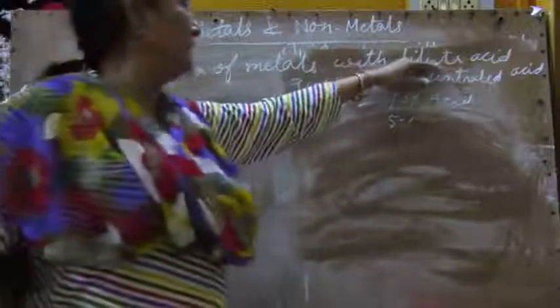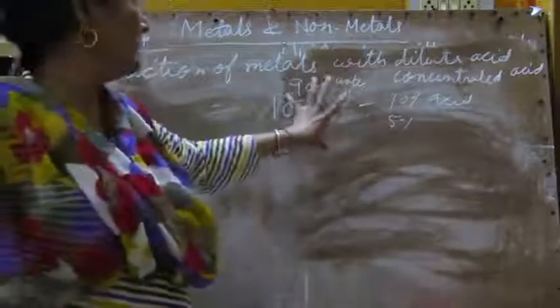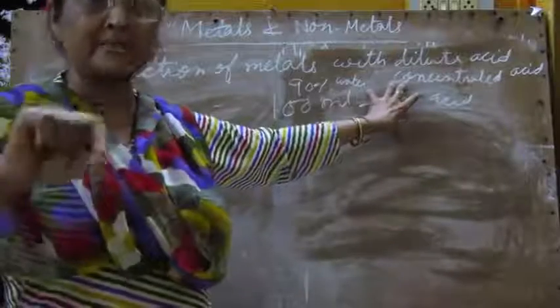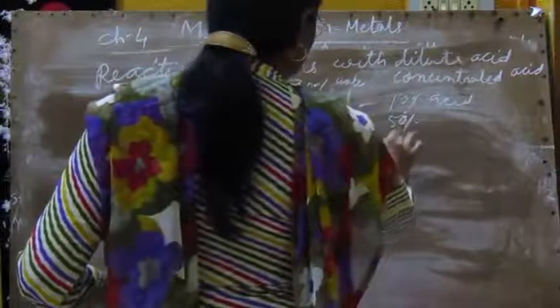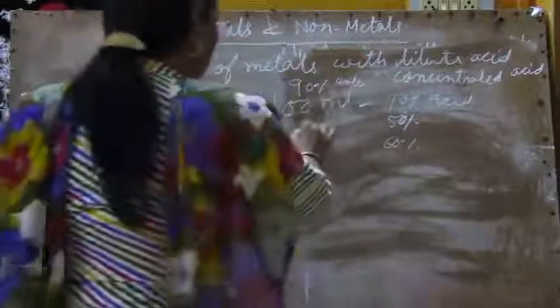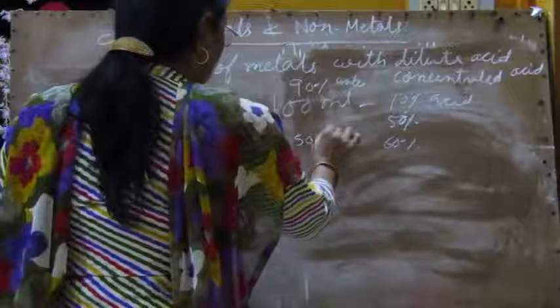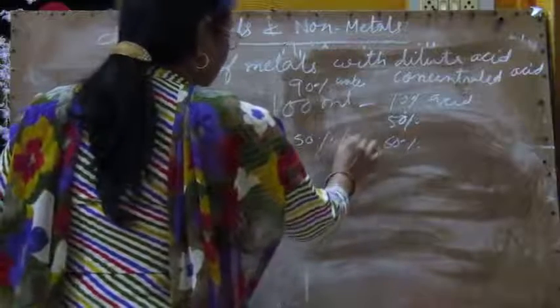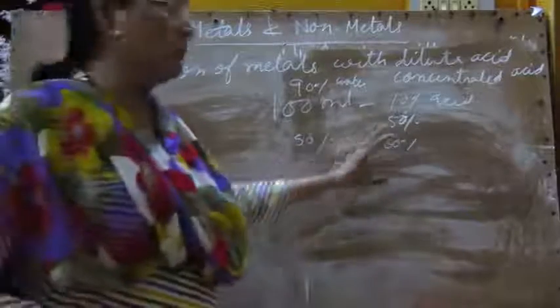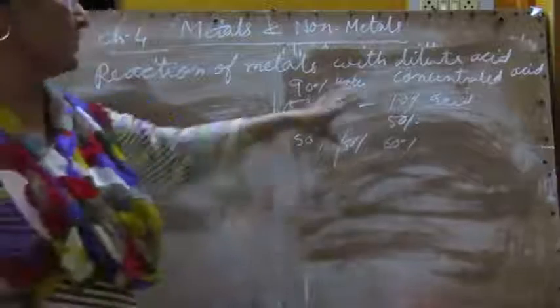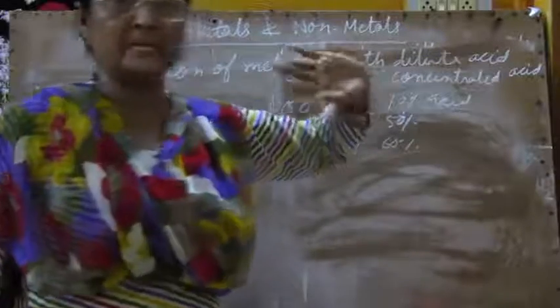So dilute acid is where the percentage of acid is very low. If the percentage of acid becomes 50% or 60% or more, or it is 50-50 acid and water, then this type of acid is called concentrated acid.